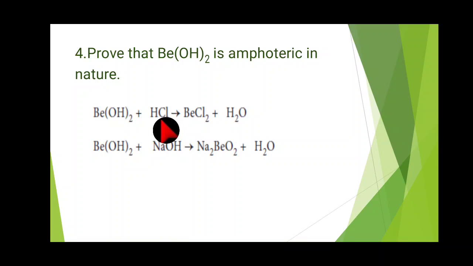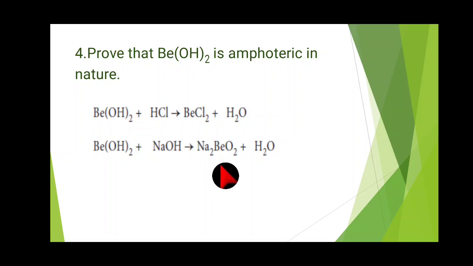When beryllium hydroxide reacts with hydrogen chloride, it gives beryllium chloride and water. And the same beryllium hydroxide reacts with the strong base sodium hydroxide and gives sodium beryllate, Na2BeO2, with water.